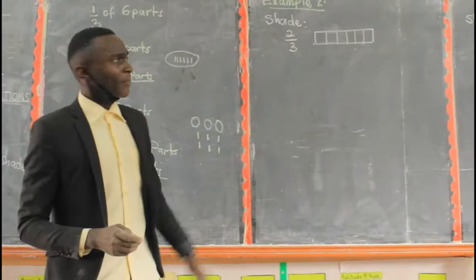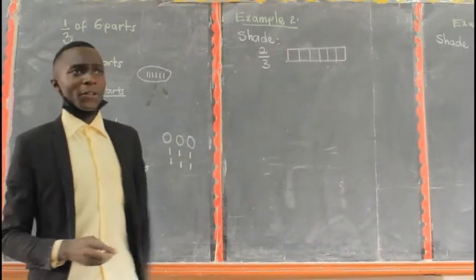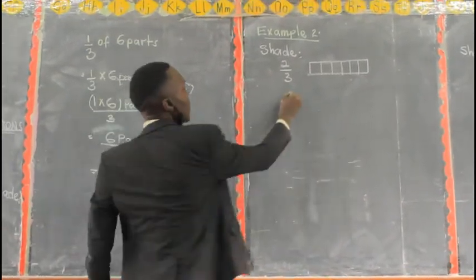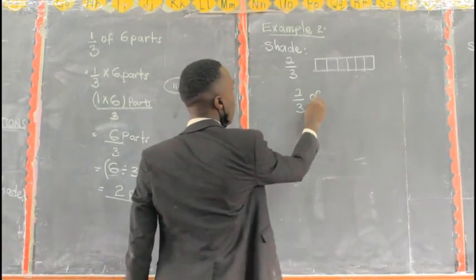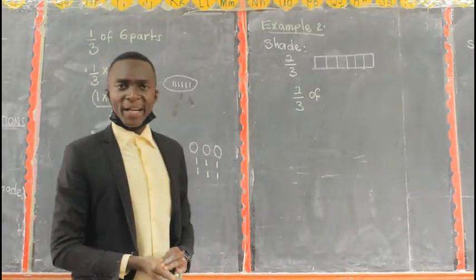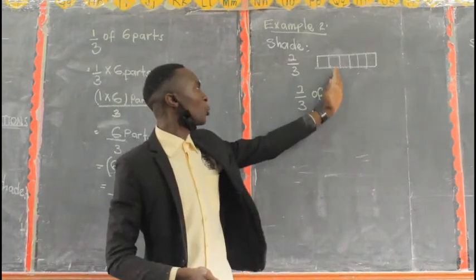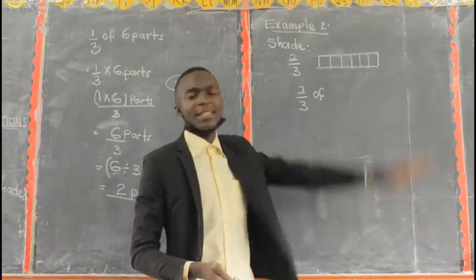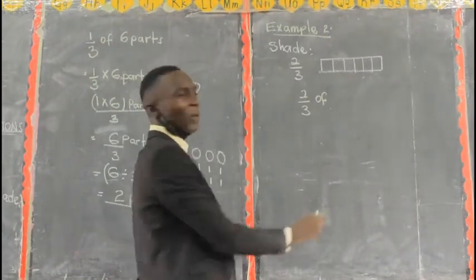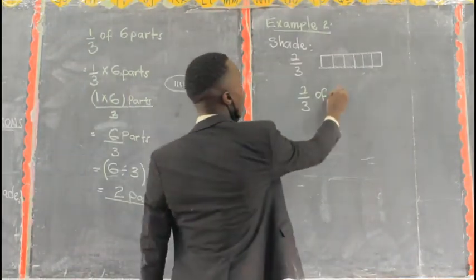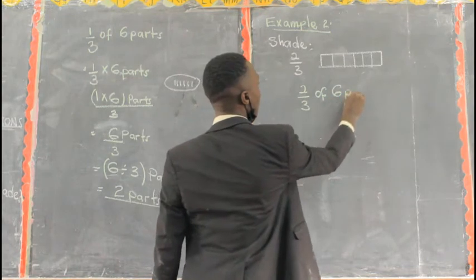Let us do it. We are going to shade 2 out of 3 of how many parts? Let's count. 1, 2, 3, 4, 5, 6. Of 6 parts. So we are going to shade 2 out of 3 of 6 parts.